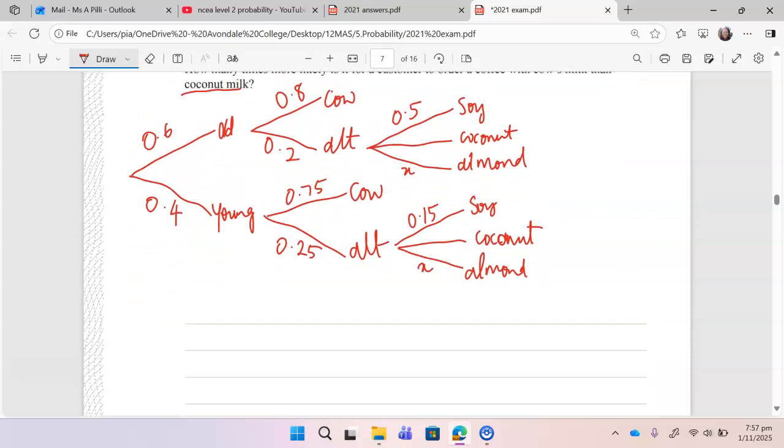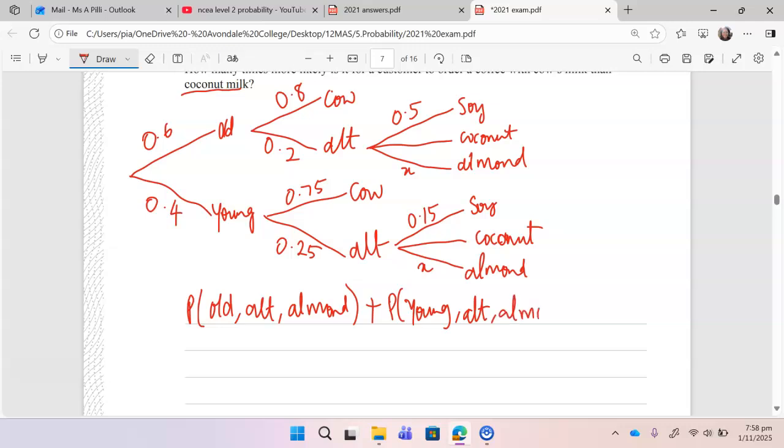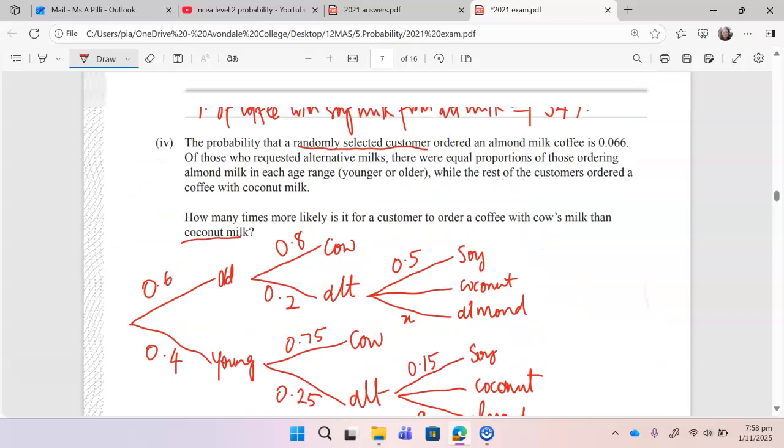Okay, so could be old, could be young. So probability of old, alternate, and almond plus young, alternate, and almond all add to 0.066.